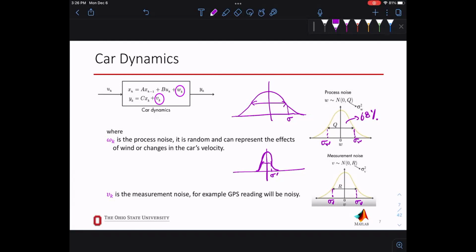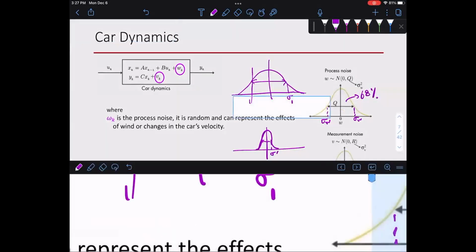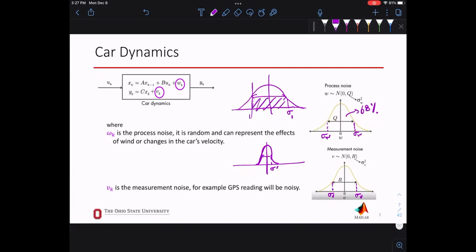One has a covariance of sigma, the other has sigma prime. Which one is more trustable? Sigma prime. It tells you that 68% of the time you're very close to the solution. The other one is wider; you are still around the solution 68% of the time, but in a wider range. So this is a better sensor.